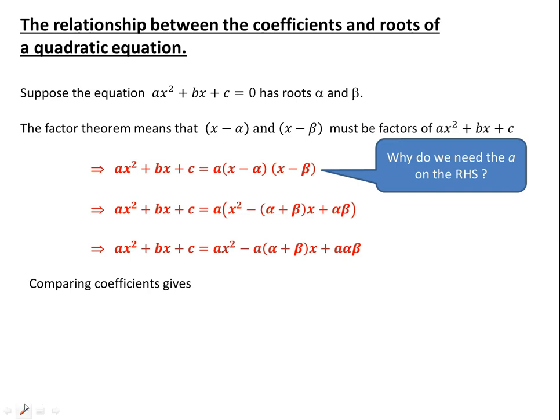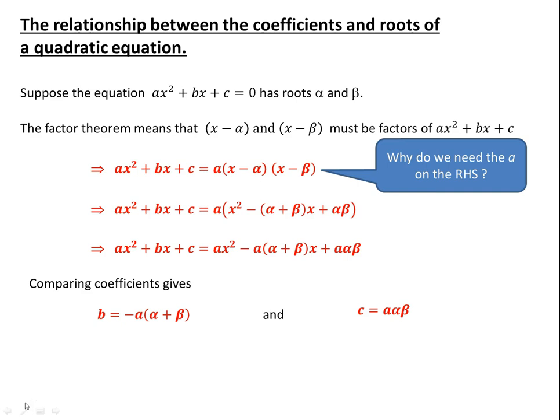And if we compare the coefficients, first of all, if we look at the coefficients of x on the left hand side, we've got b. The coefficient of x on the right hand side is minus a times alpha plus beta. And if we look at the constant coefficient on the left hand side, we've got c, and the constant coefficient on the right hand side is a times alpha beta.